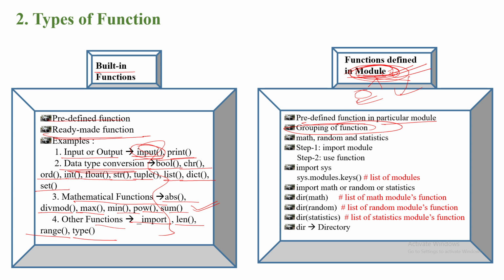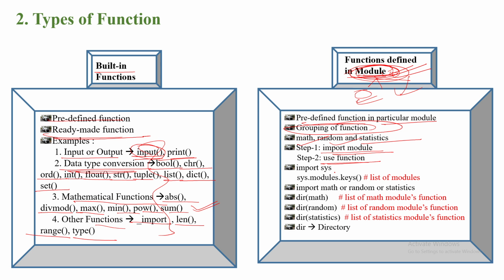Now some module examples I have given: math, random, statistics. These are the module names. How will you use them? Step 1, import that module, then use its functions. If you want to see how many modules are available in Python, you can write it in the interactive mode, in the Python screen.